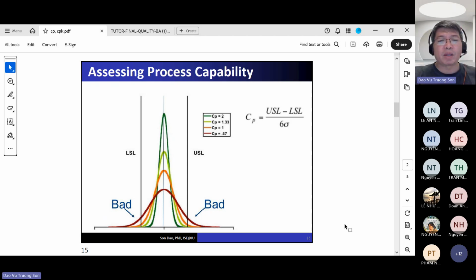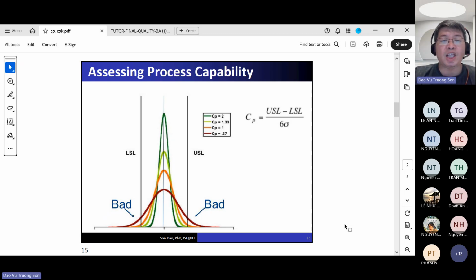What happens when the distribution is more peaked? Remember from the Taguchi loss function, if we deviate too much from the nominal value, which is the middle value, the cost is higher.